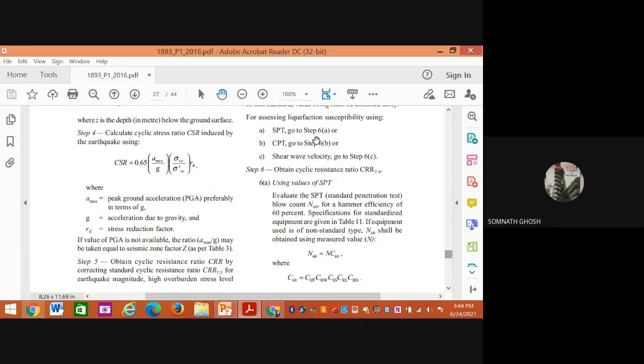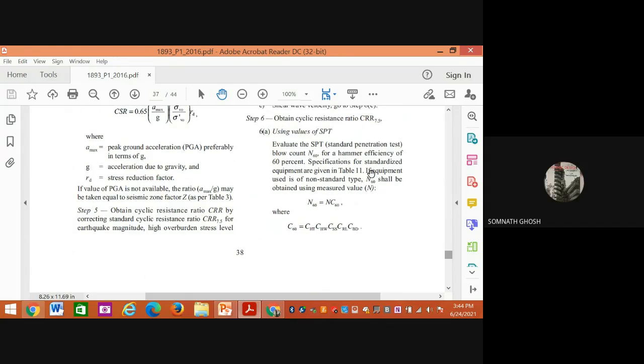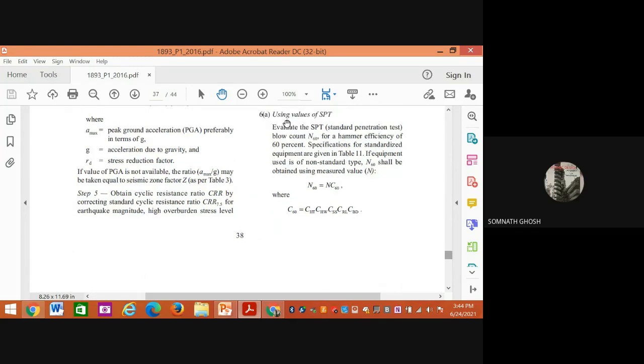It can be done based on the CPT value and the SPT value. Then this is the cyclic resistance ratio that is to be obtained. Now the SPT value, with all these parameters like C60 and all, is to be corrected, depending on the hammer efficiency.